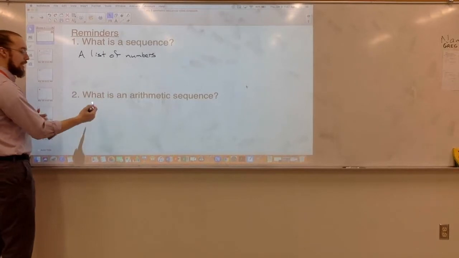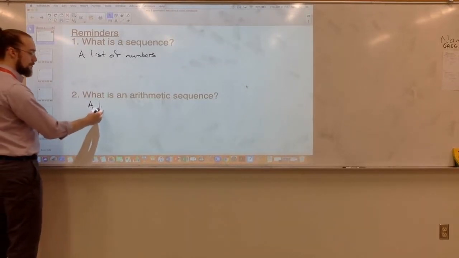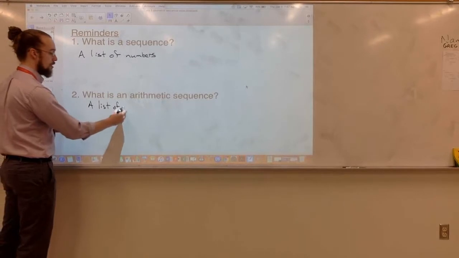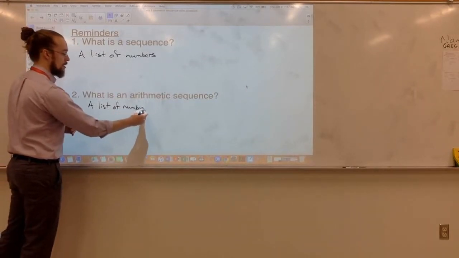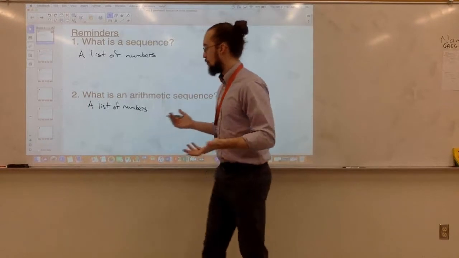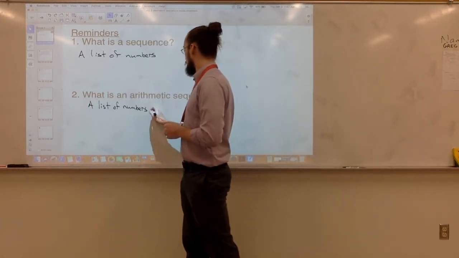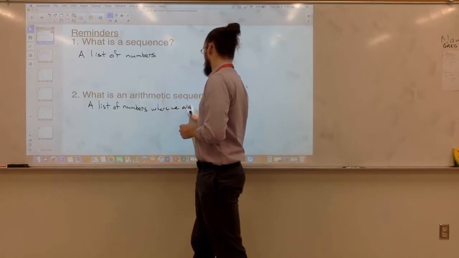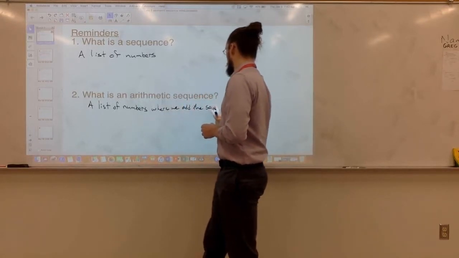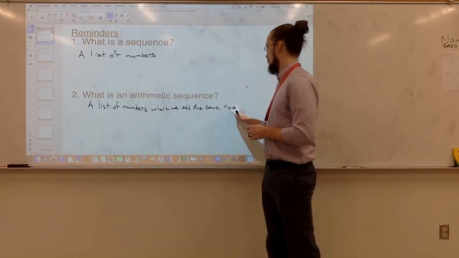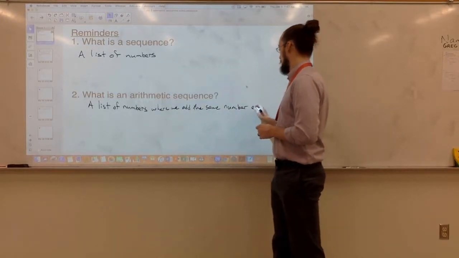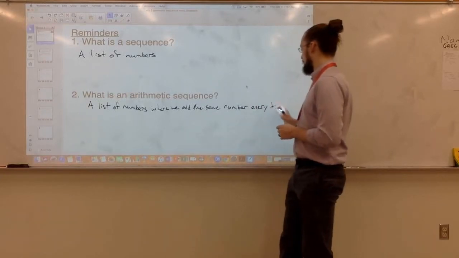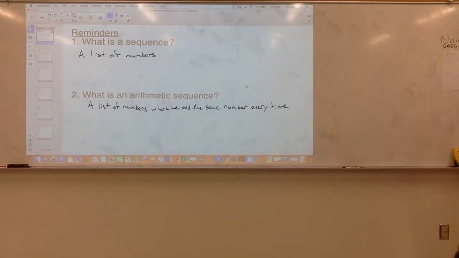So we can say an arithmetic sequence is a list of numbers where we add the same number every time. There are a lot of ways we could word this.